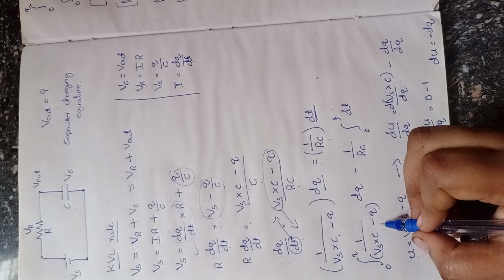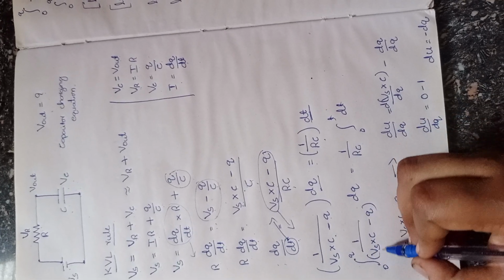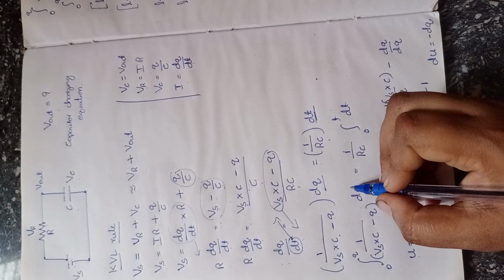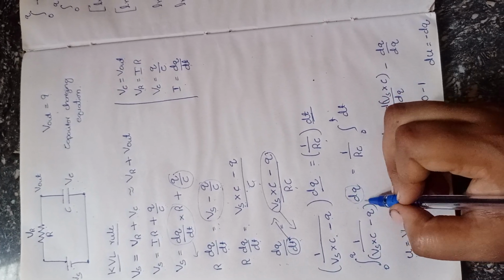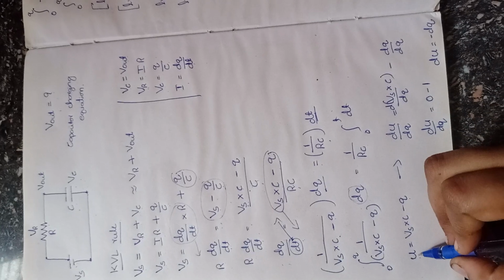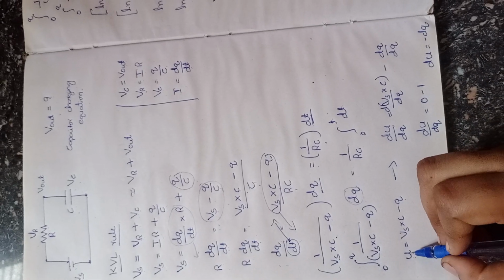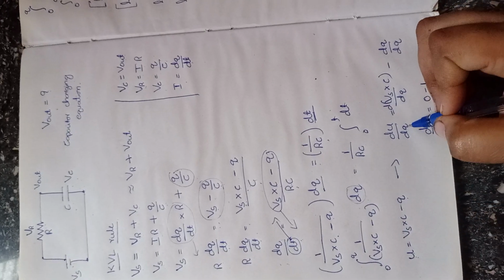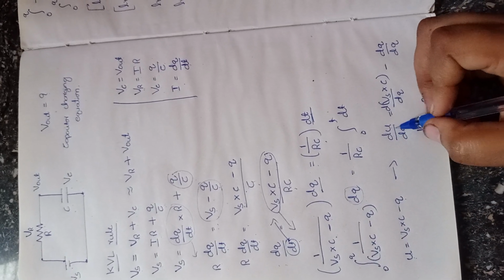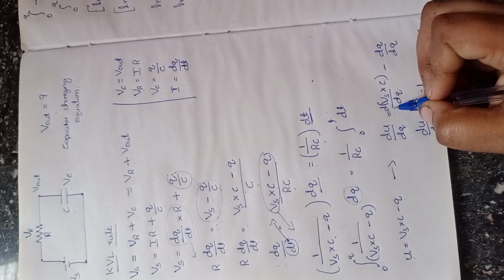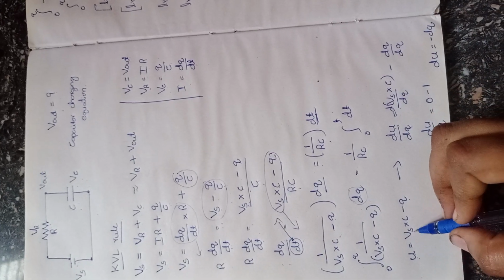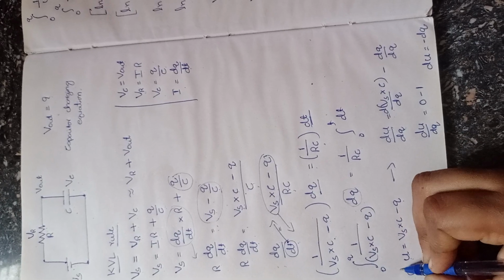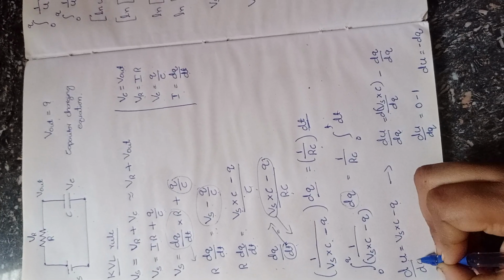If I only replace this term, that is not correct. We need to replace the dq term also. For that I am deriving the du term with respect to q. So du by dq: we know Vs into C minus Q is u. We are applying the derivative with respect to dq.